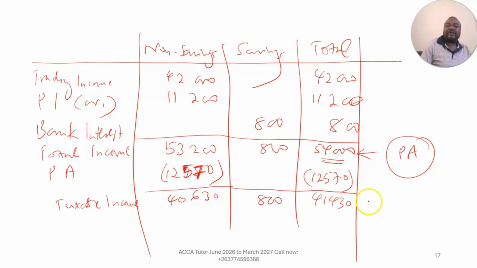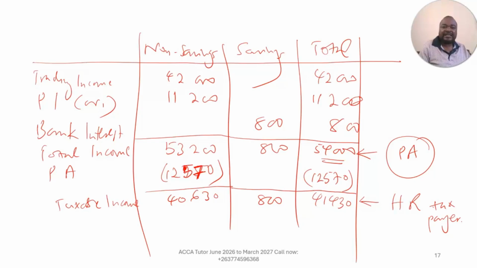Now, when you arrive at this figure, you then have to ask yourself, is this taxpayer a basic rate taxpayer, a high rate, or an additional rate taxpayer? This one is a high rate taxpayer. Why? Because his income is above the basic rate, which is between 0 to 37,700 pounds.